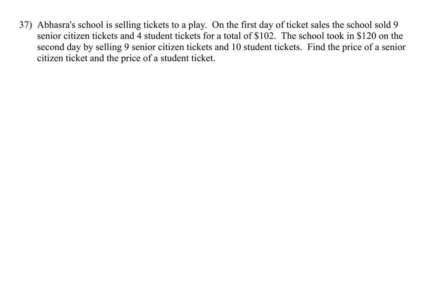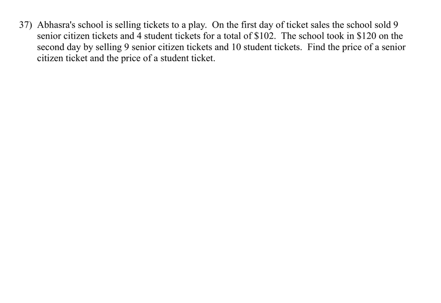So you will have a word problem where it is obvious that there are two things happening. In this case, the school is selling tickets. On the first day, 9 senior citizen tickets and 4 student tickets sold for $102. On the second day, $120 was made by selling 9 senior citizen and 10 student tickets.